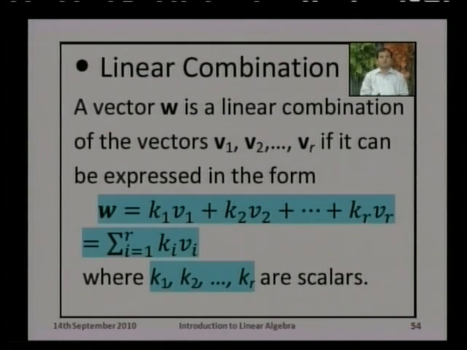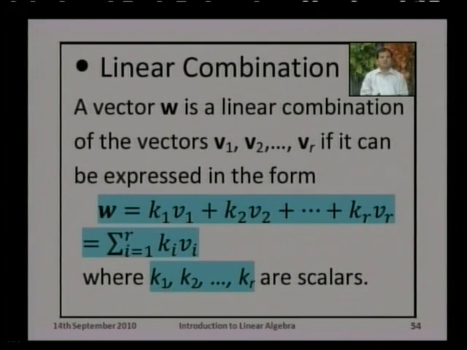Now let us come to an important concept which will lead to further investigation in vector spaces. We have seen linear combination in our first slide. So what is a linear combination?